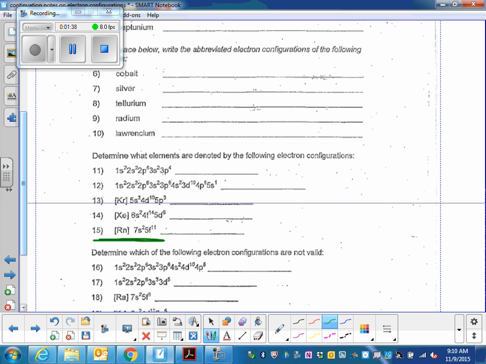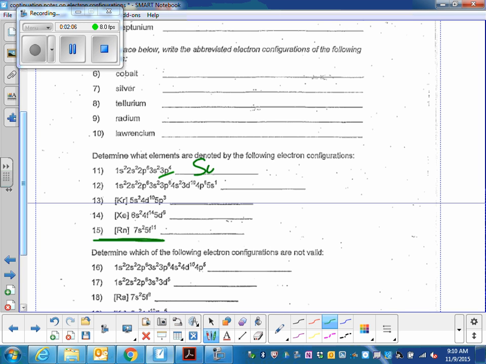Given the electron configuration, you're asked to find out what element it is. Now, kids will often make the mistake of looking at f11 and saying, oh, I will find my element because it ends in f11. For most of the time, it will work. For instance, if you go to this one, it is 3p4, 1, 2, 3, 4.